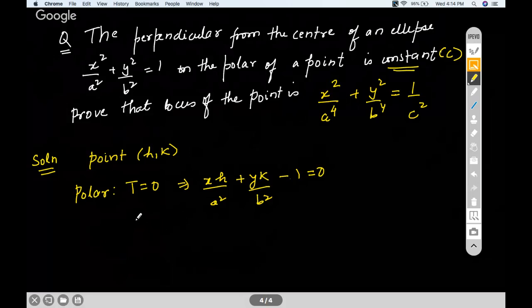So it will be mod of minus 1 by under root of (h/a²)² + (k/b²)² equal to c.